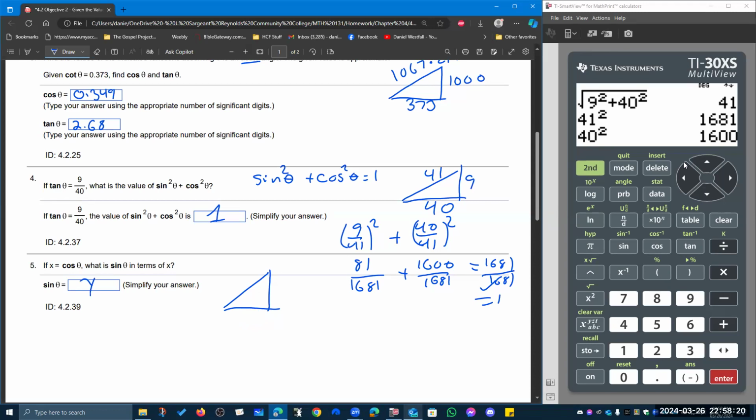So if cosine theta is equal to x over 1, then this should be y, but it says in terms of x, so this should be the square root of 1 minus x squared. So let's write it that way.